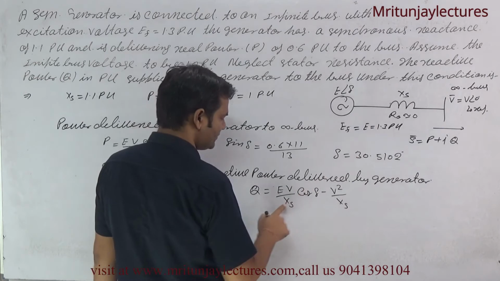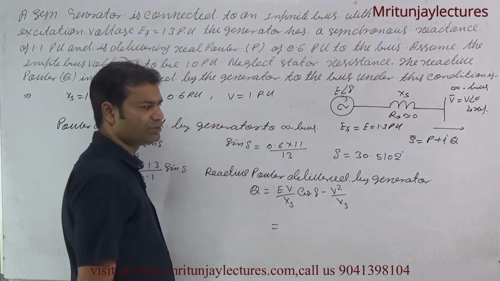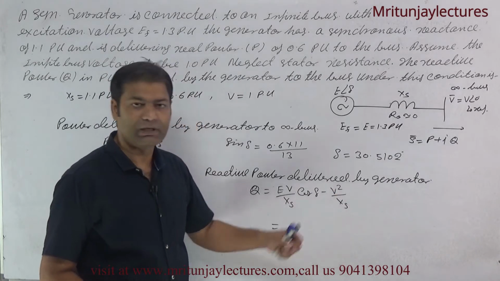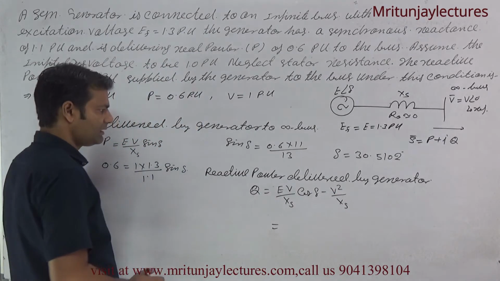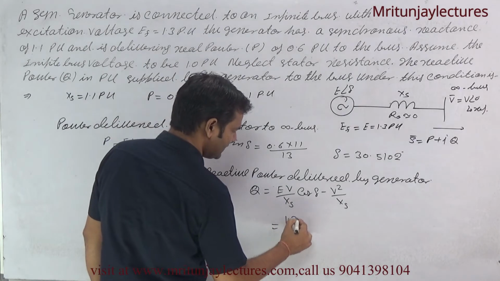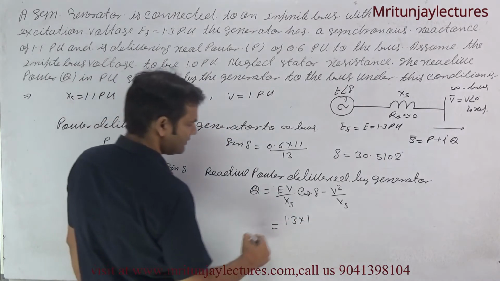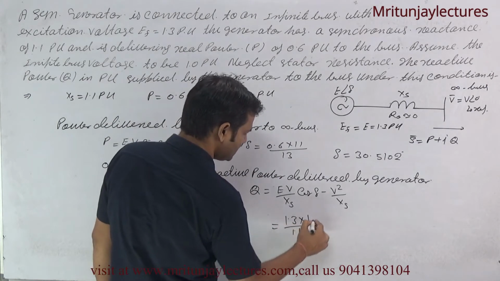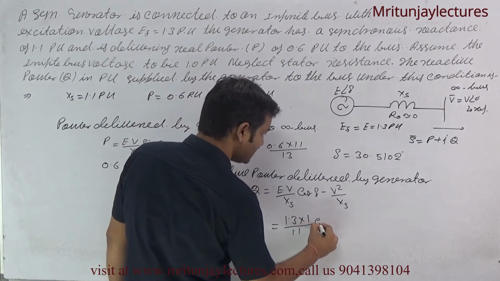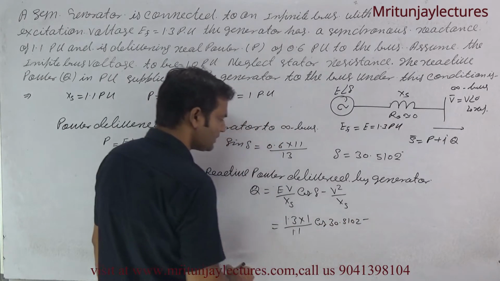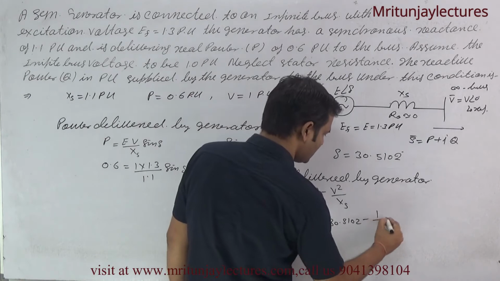If Ra is equal to 0, then Q is equal to EV divided by X cos delta minus V square upon X. Here E is 1.3 and V is 1. Clear? And X is 1.1, and cos delta, that is cos of 30.5102, minus V square, V square is 1, divided by 1.1.